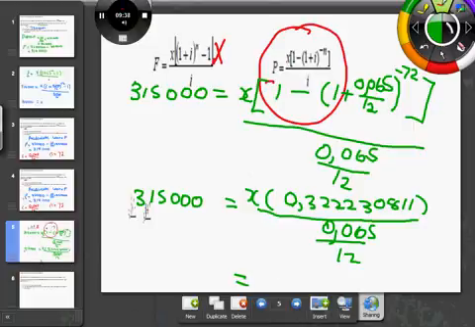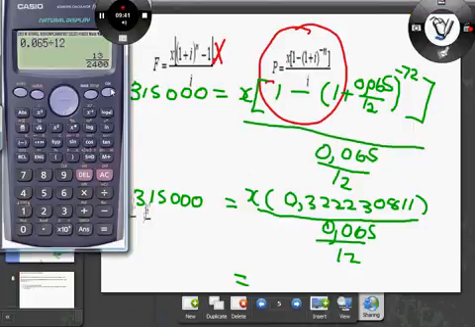So on top there we've got 0,3222 30,811, and then you're going to divide that by that fraction 0,065 over 12, like that.